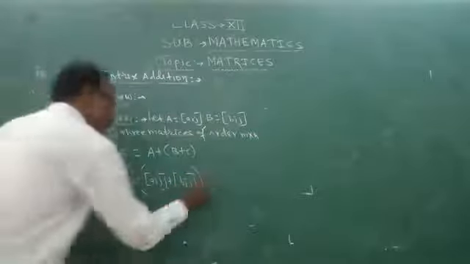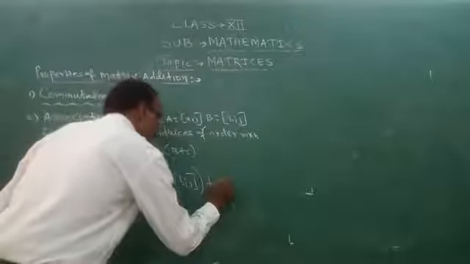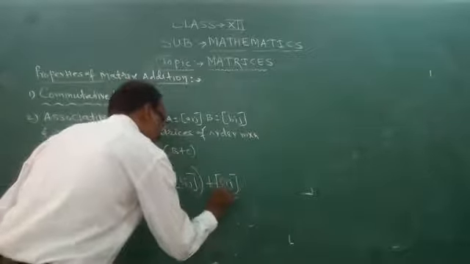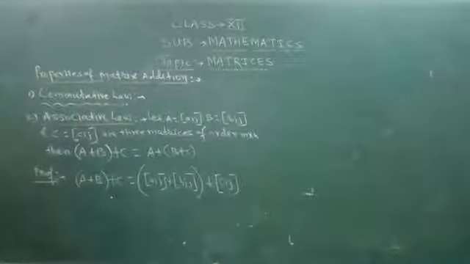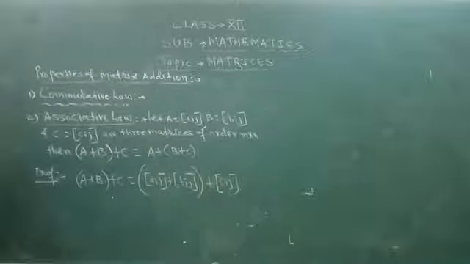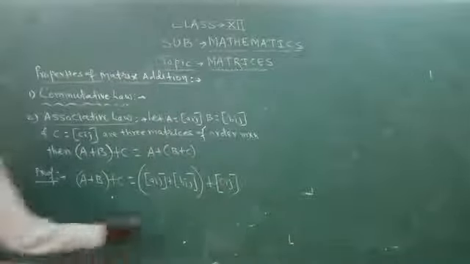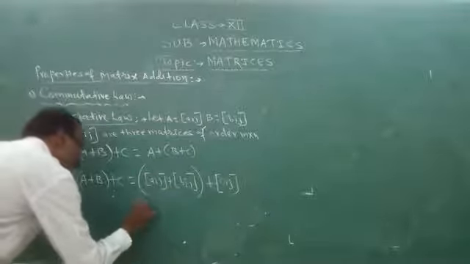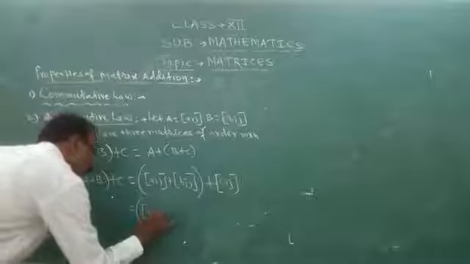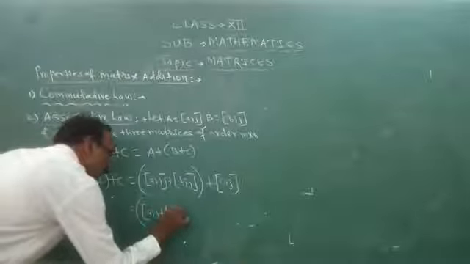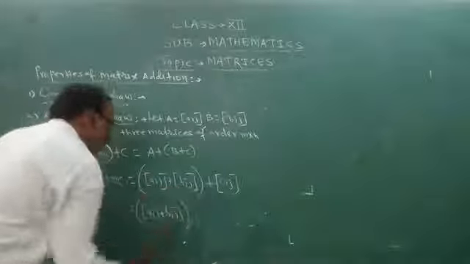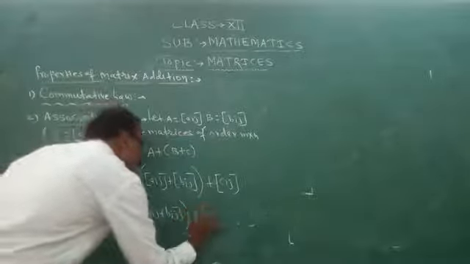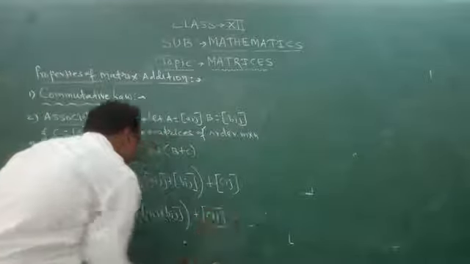Complete this bracket. Plus C, that is Cij matrix. Now Aij plus Bij, I can combine. These are two matrices, so it will be a matrix Aij plus Bij. I can add these two matrices, plus this is Cij.